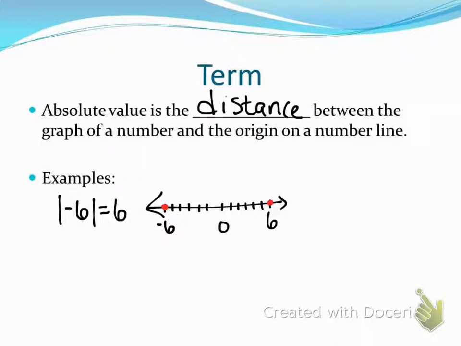And so this distance here is also 6. So the absolute value of positive 6 is also equal to 6. So it's all about the distance from 0. Okay, distance from 0. That is what our absolute value is talking about.